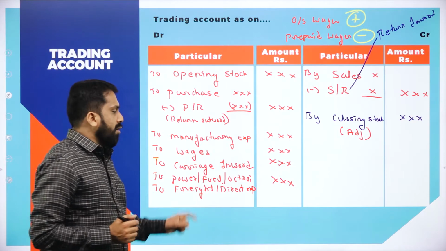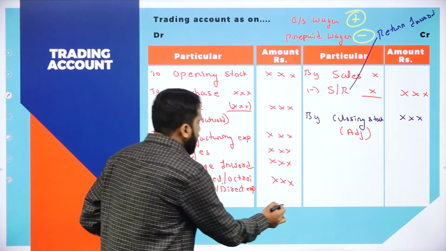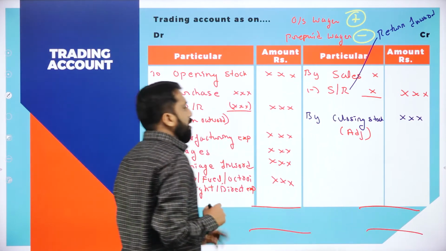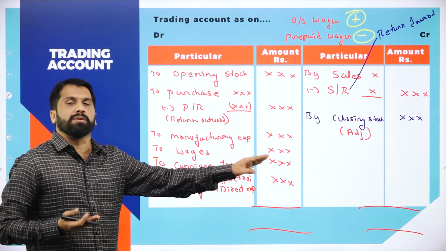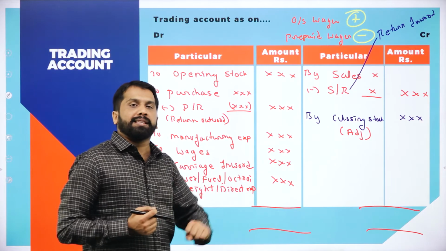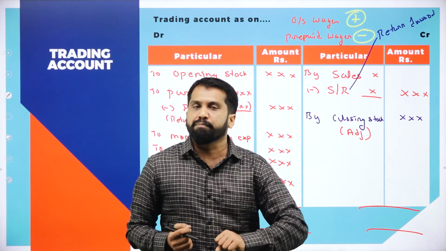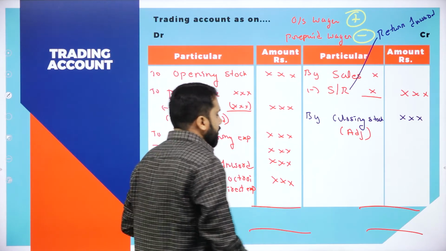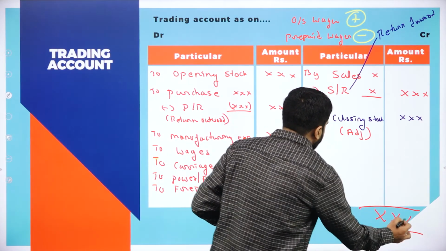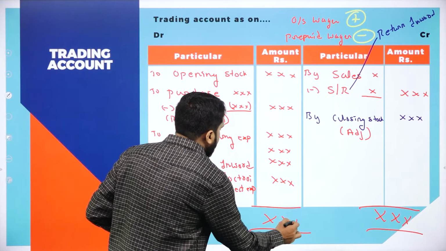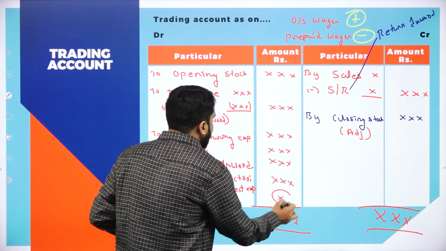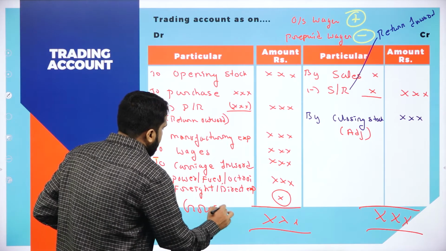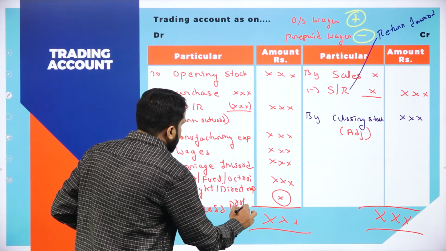Now, once that is done, what is your work? You have to close this. Normally your credit side will be more, because normally companies run at a profit. If your credit side is more, total this side also. Whatever you get will be called gross profit.